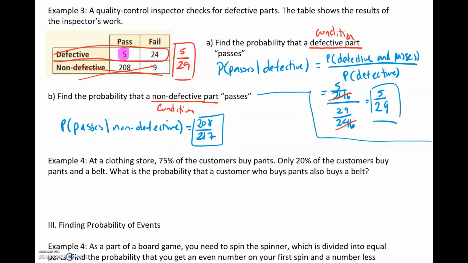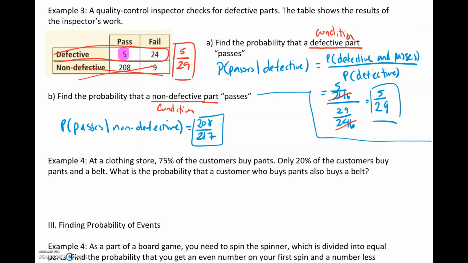Okay, so let's read through example 4. At a clothing store, 75% of the customers buy pants. Only 20% of the customers buy pants and a belt. What is the probability that a customer who buys pants also buys a belt? So you're thinking, what is it about this customer that I know will definitely happen? And then what am I looking to happen on top of that?